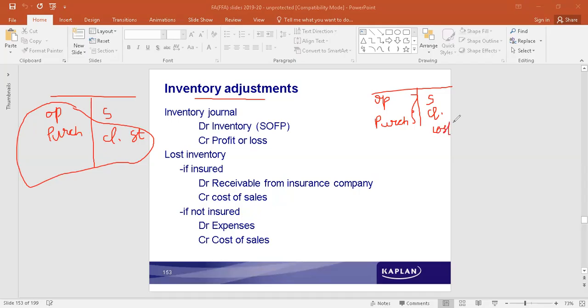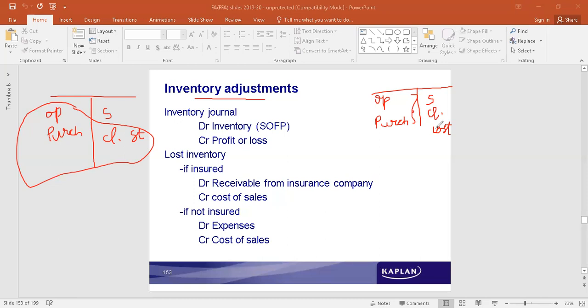The total available units for sale, few are sold. There are few which are remaining in the closing stock. Few are lost on account of whatever accident has taken place. Now this is a loss. Now how do we account for this?